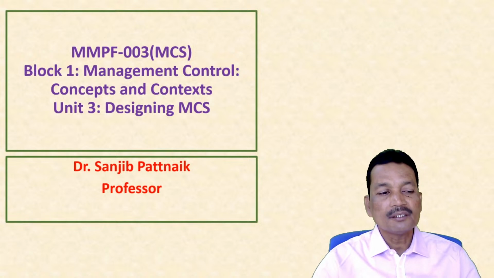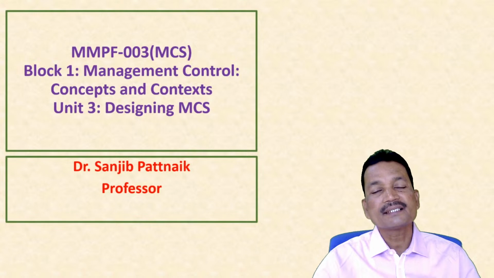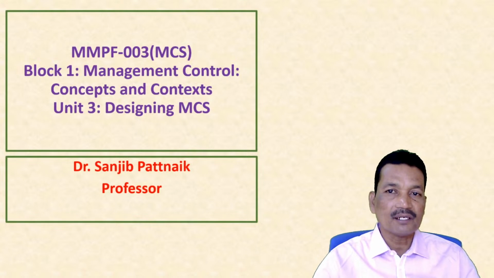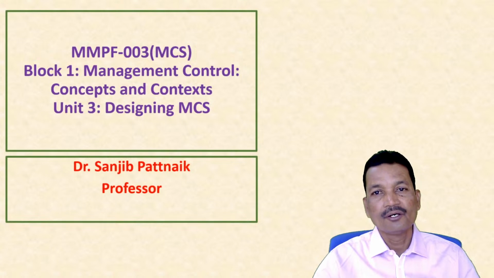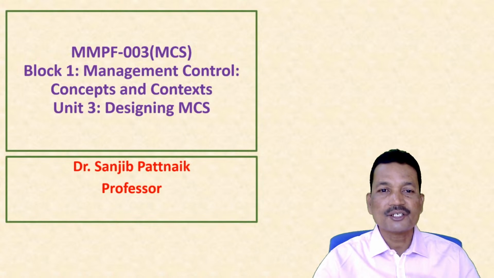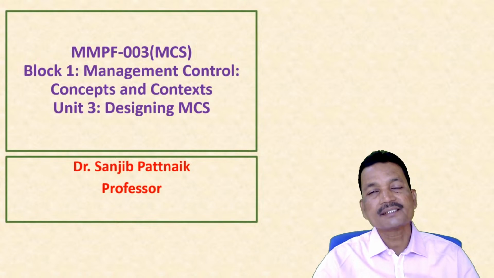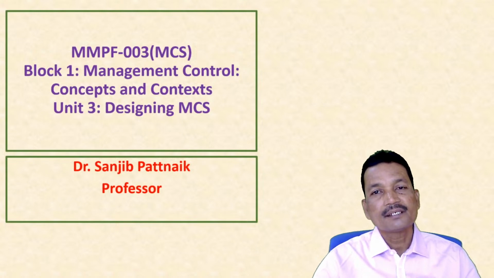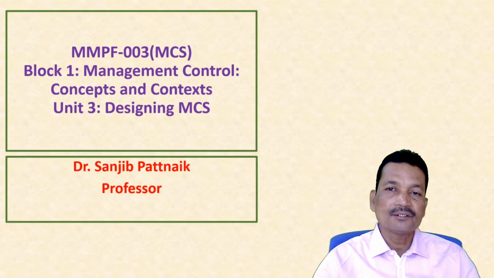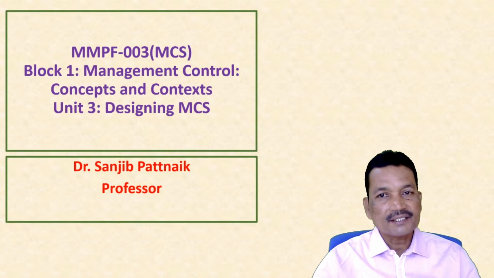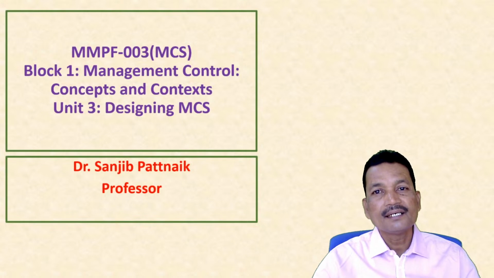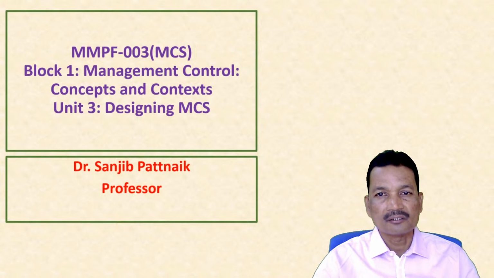Today we shall move on to the third unit of this Block 1, that is how we can design the management control system of an organization, or what are the ways in which we can have an MCS that will be active in the organization so that strategies can be formulated and these strategies will lead us to achieve the goals in the long run.